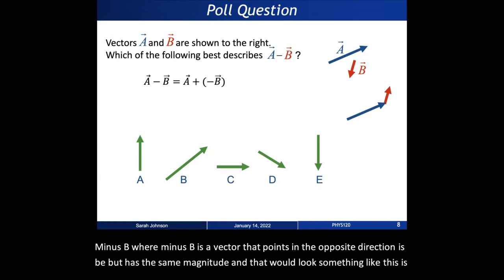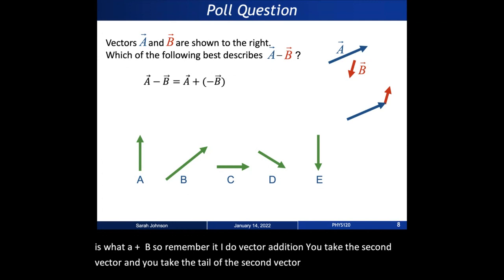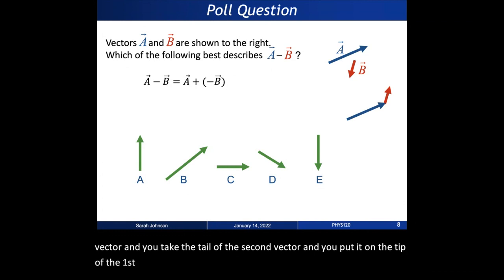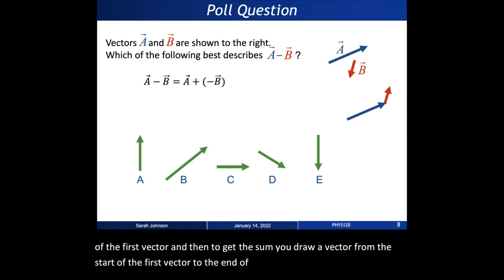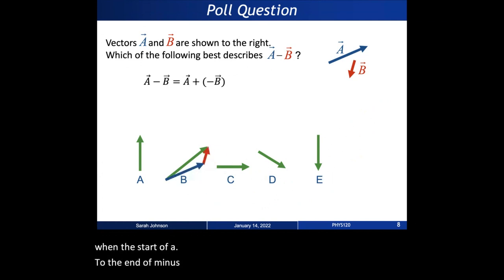To do vector addition, you take the tail of the second vector and put it on the tip of the first vector. Then to get the sum, you draw a vector from the start of the first vector to the end of the second vector. So in this case, from the start of A to the end of minus B, and that would be answer B.